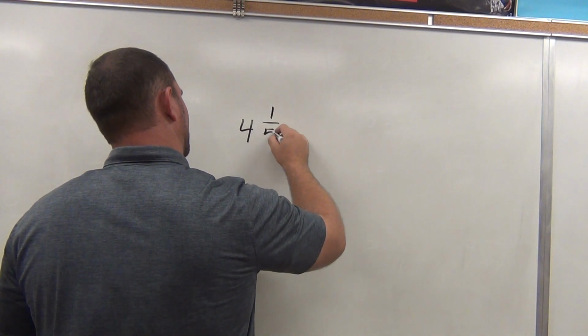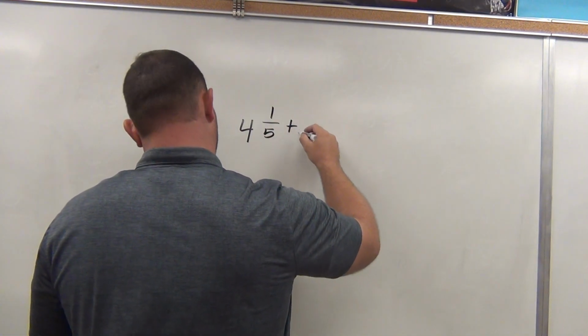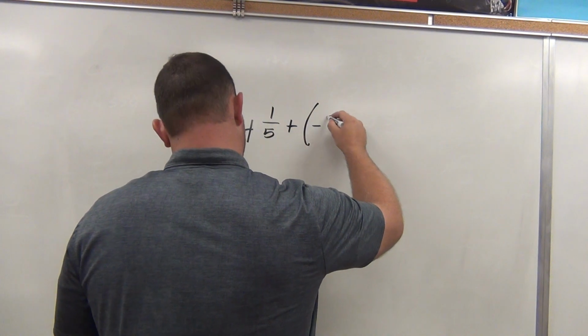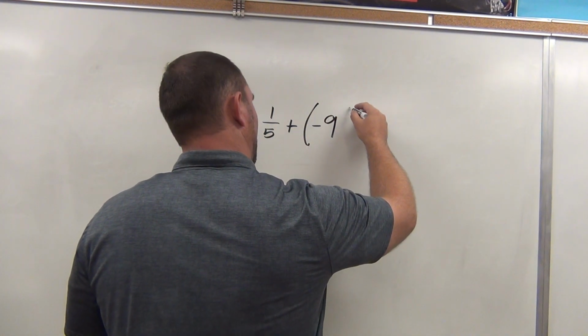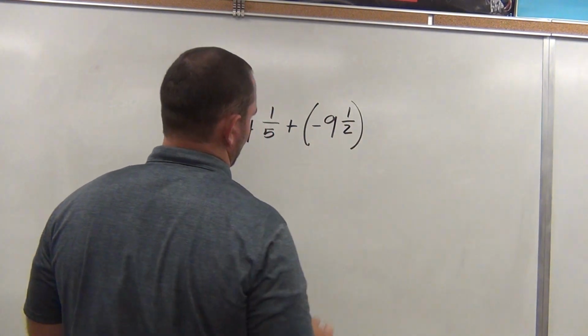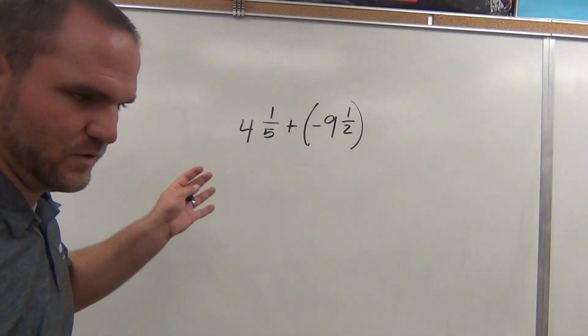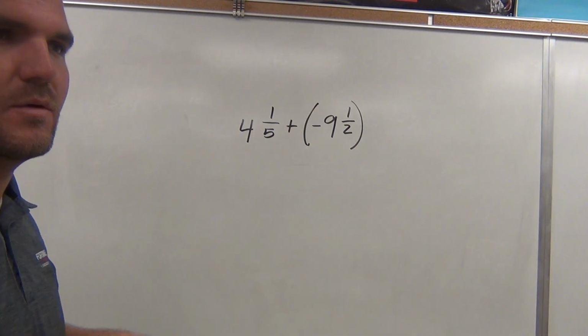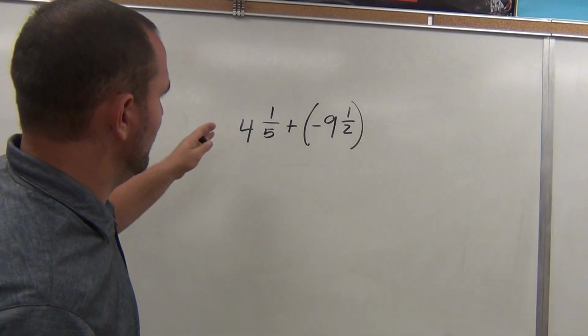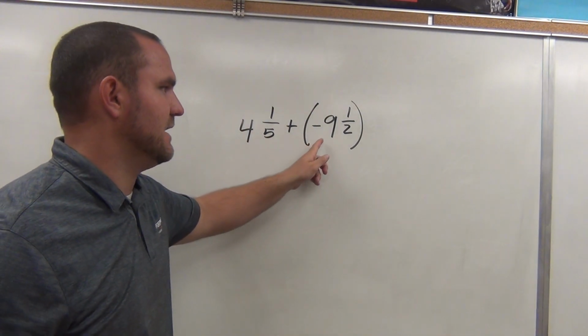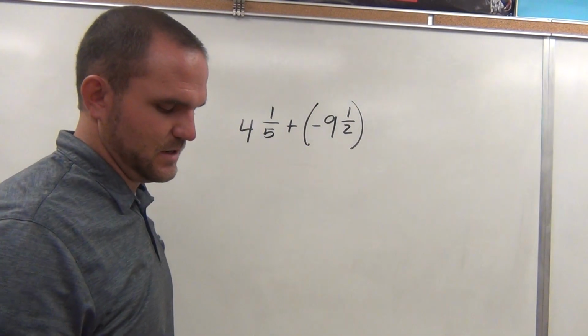4 1/5 plus minus 9 1/2. Okay, so if we were going to work with the actual, well, how we usually say it is 4 1/5 plus negative 9 1/2. Okay.